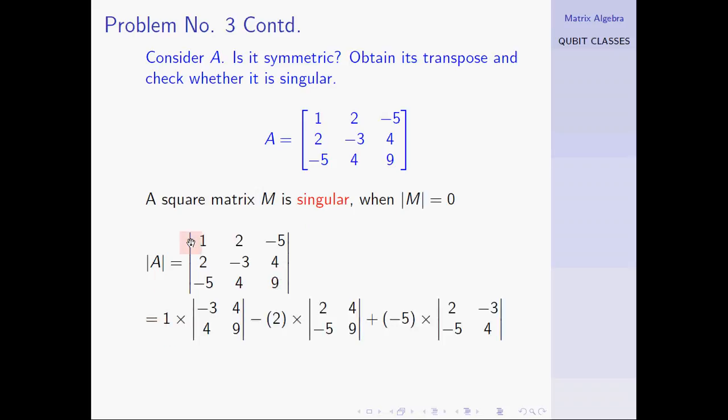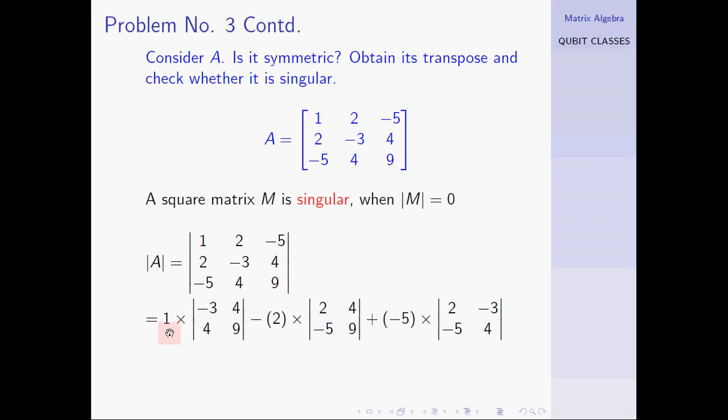Now this determinant is evaluated as follows. You will have to evaluate 3 smaller determinants to evaluate it. So this will be 1 into this determinant minus 3, 4, 4, 9, minus, note this minus sign, minus 2 into 2, 4, minus 5 and 9, plus this minus 5 into 2, minus 3, minus 5 and 4.